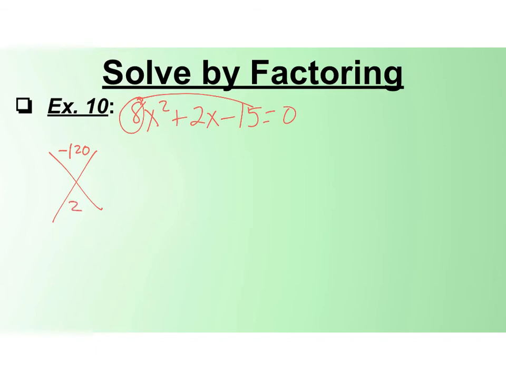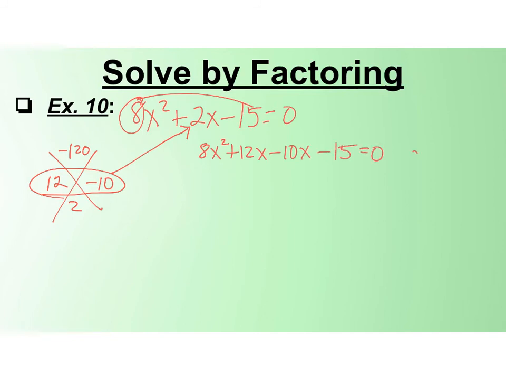If I start with my 120, that could be 12 and 10. I have to make the 10 negative to make it multiply to a negative, but also add to a 2. I'm going to take those two things and substitute it in for my middle term. So I get 8x squared plus 12x minus 10x minus 15 equals 0.